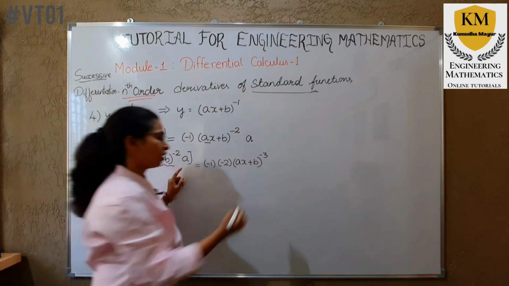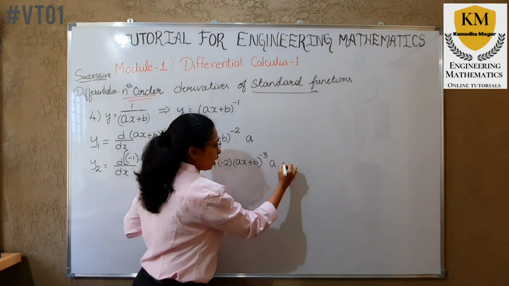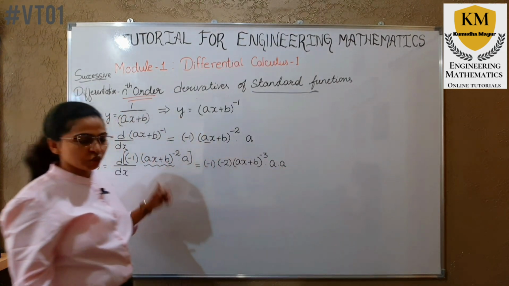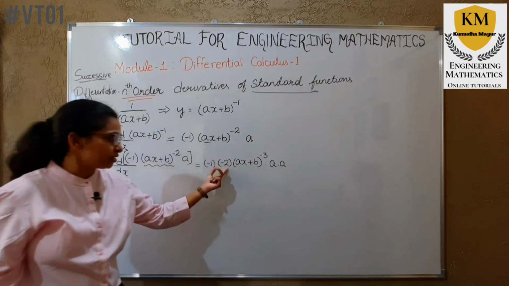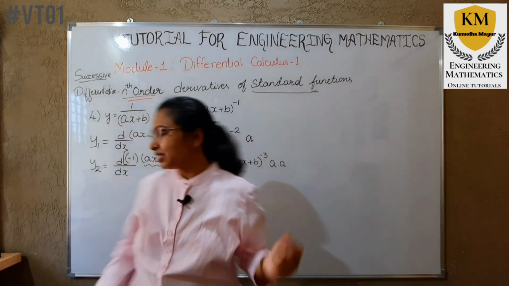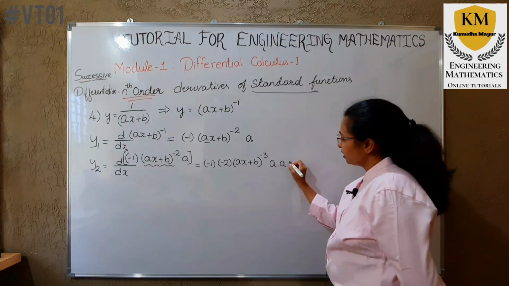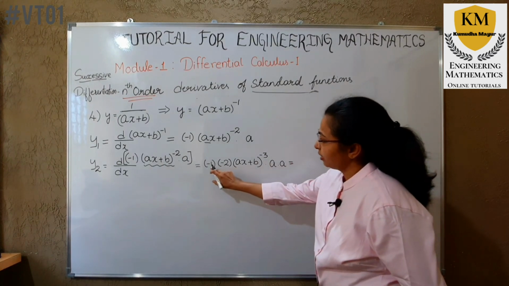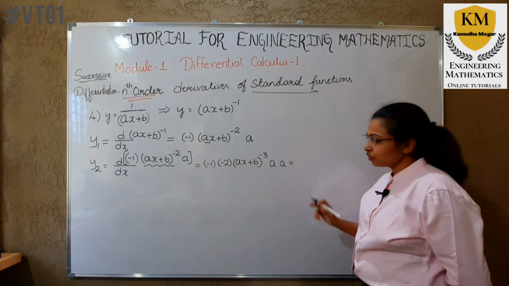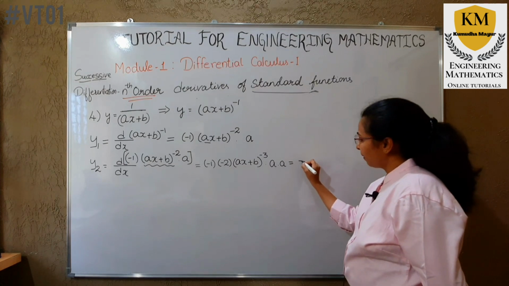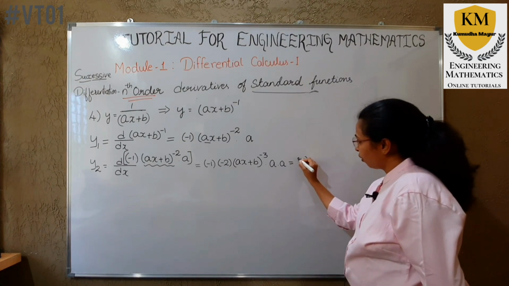This a is constant, and again I will get one more a, that makes a square. Let me simplify this properly. See, this minus and this minus makes plus. So I'll just write this as minus 1 whole square.